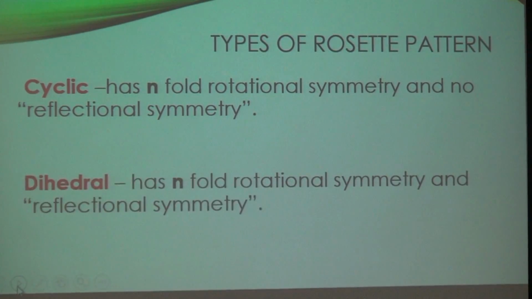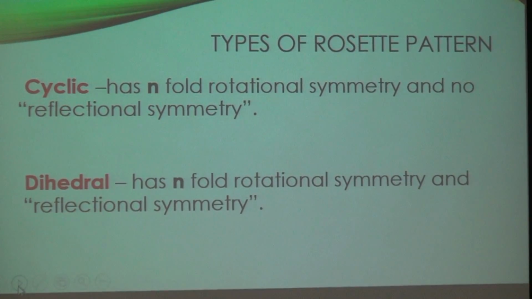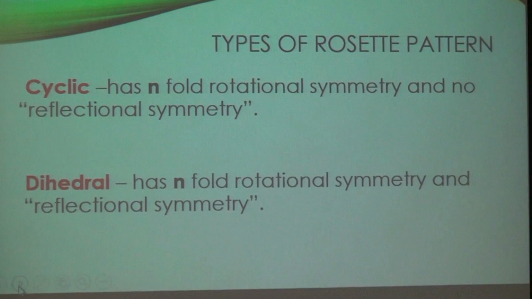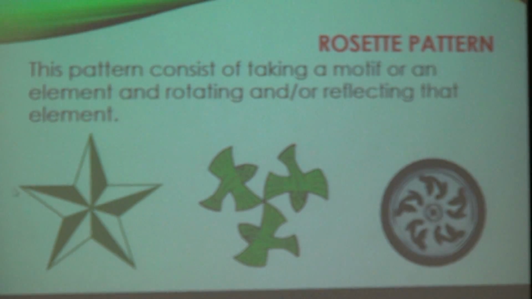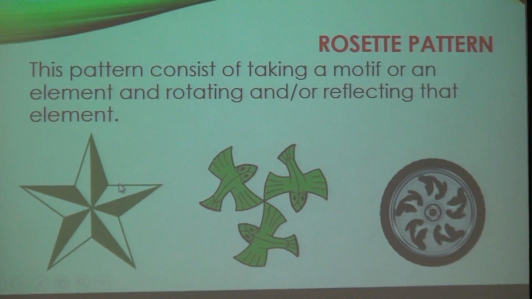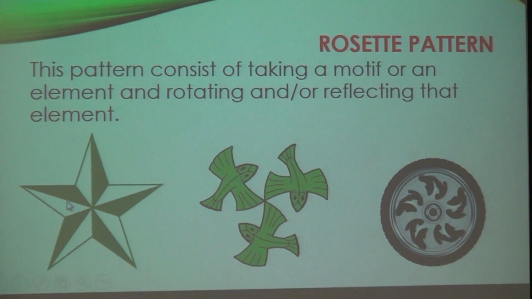For the dihedral type, it has a rotational symmetry, but it also possesses a reflection symmetry. So do we have reflection symmetry in our previous pattern? If I consider the colors, the shades, the DLSU star is not a dihedral type of rosette pattern of order 5.